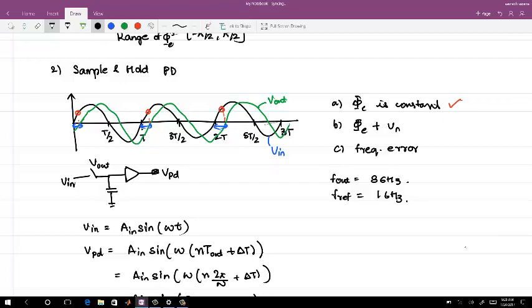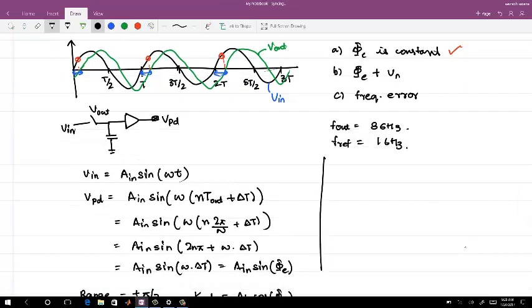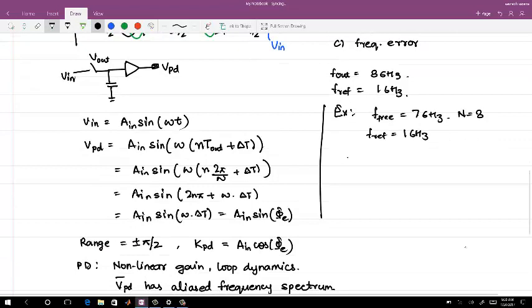Okay, go this way. I will give an example here. Let's take the same case, F out and F ref. Let's say F free running is 7 gigahertz, just for example. Multiplier ratio is N equals 8. Reference frequency is 1 gigahertz. What do you do first? You basically bring F out to 8 gigahertz using your regular PLL loop.